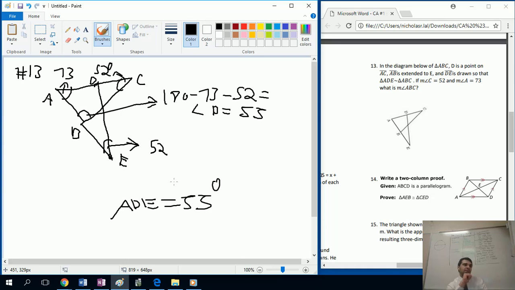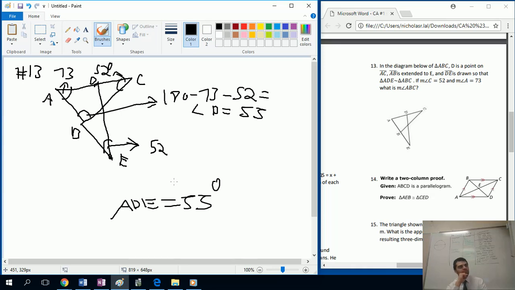And angle B corresponds with angle E, okay? So you just have to look at the triangles and know that B is going to correspond with E. So that's why angle D is going to correspond with angle B.